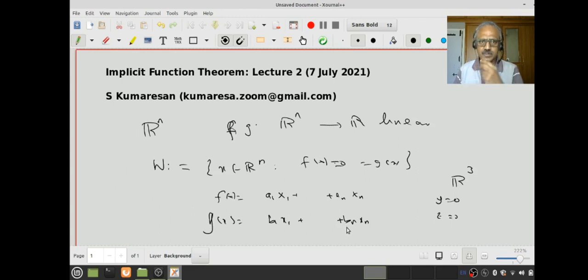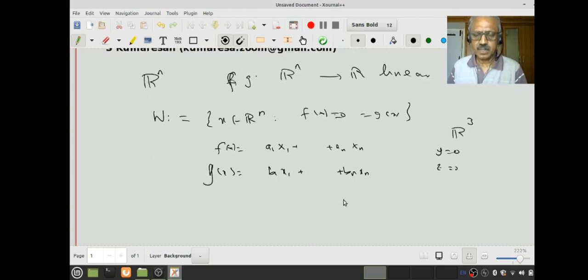Can I expect the dimension will drop by 2? No. If f and g are scalar multiples of each other, that is linearly dependent, that is the vector (a1, ..., an) and the vector (b1, ..., bn), we are assuming these are non-zero, then the dimension will only drop by 1.